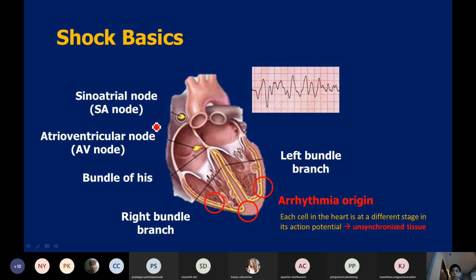The basis of shock is that in VT or VF, each cell in the heart is at a different stage of the action potential. So it is erratic, and the electrical activity of the heart is chaotic during that time, and it is unsynchronized for the tissue to pump the blood out.